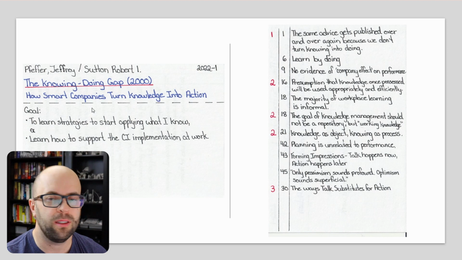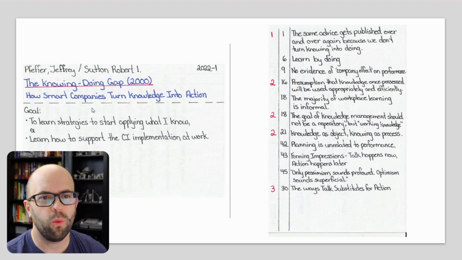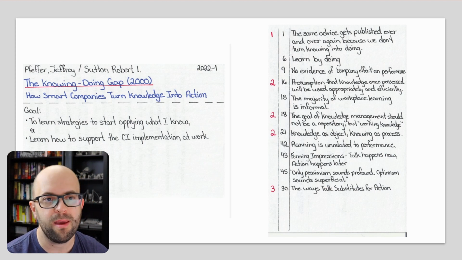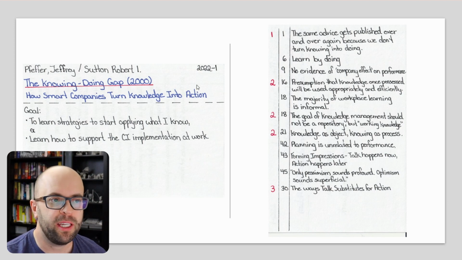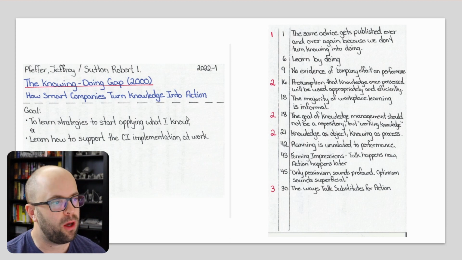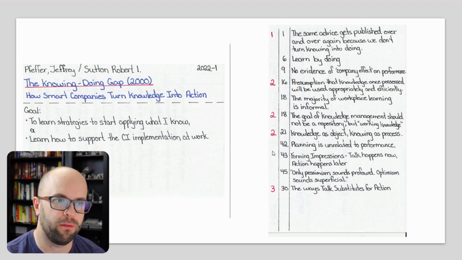I started including the subtitle because I find when you're doing that inspectional reading, the subtitle is often quite revealing about what the main theme or argument is within the book. I am still including the year and the number of times that I read the book. My goal is also going to be on this front page for reading it.